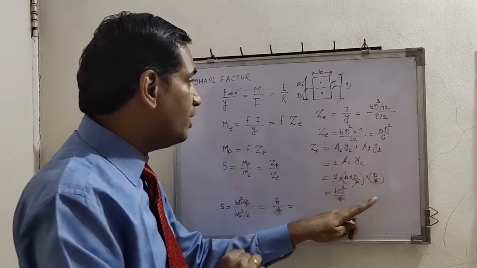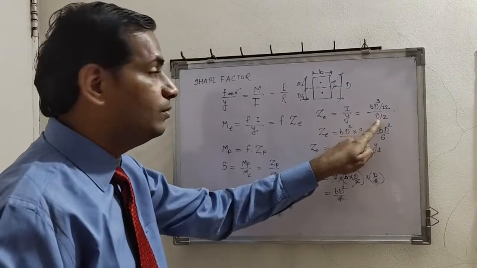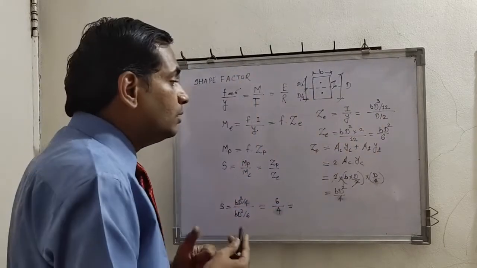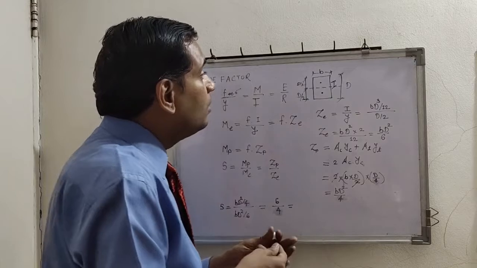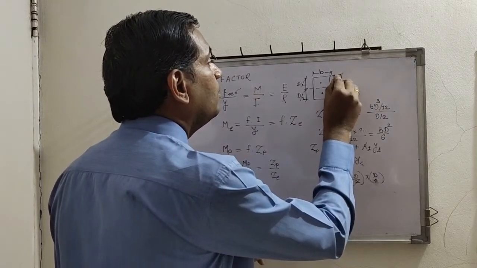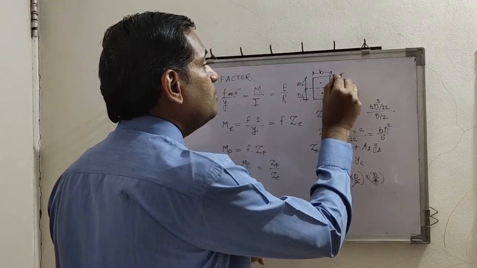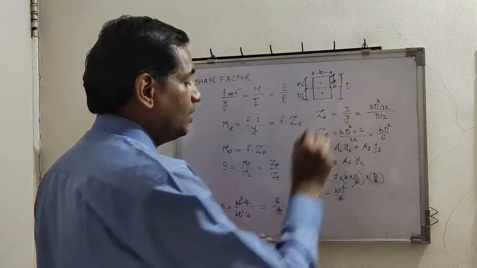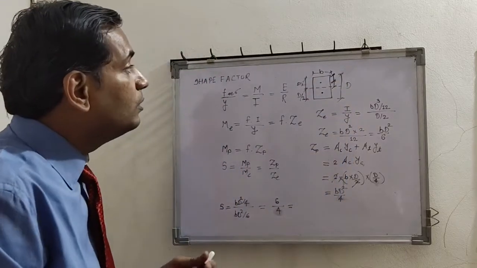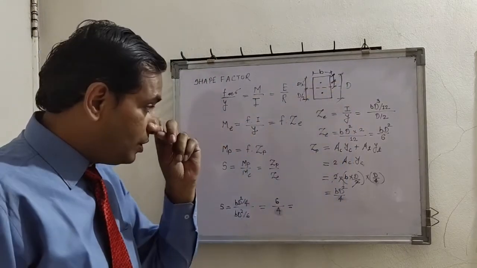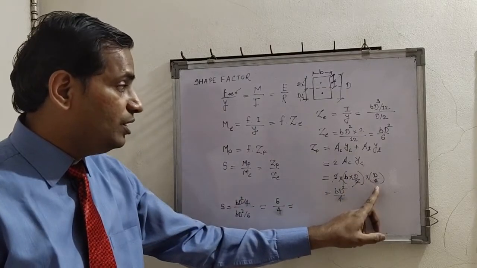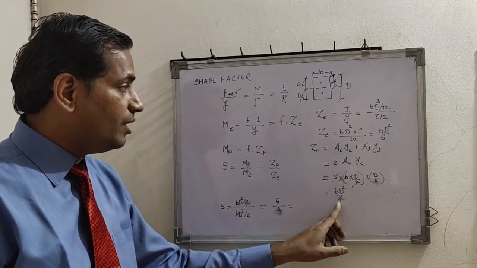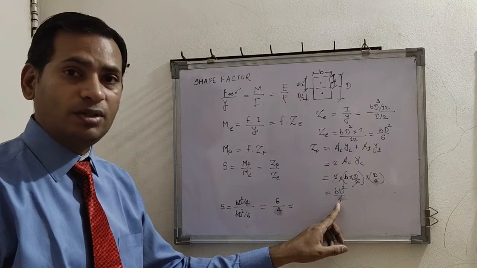Actually it is this distance. Any of the distances will be the same. So YC is D by 4, hence we are getting ZP as bD square by 4.